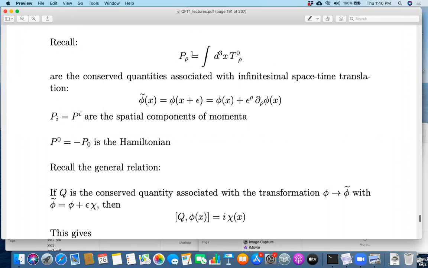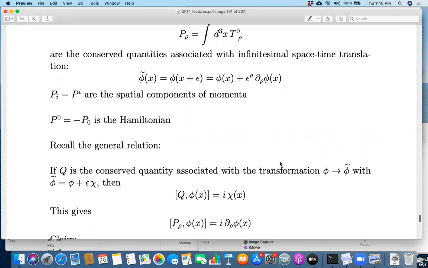Now we are going to make use of this conserved charge, because our theory, the λφ⁴ theory that we are studying, has this conserved charge.